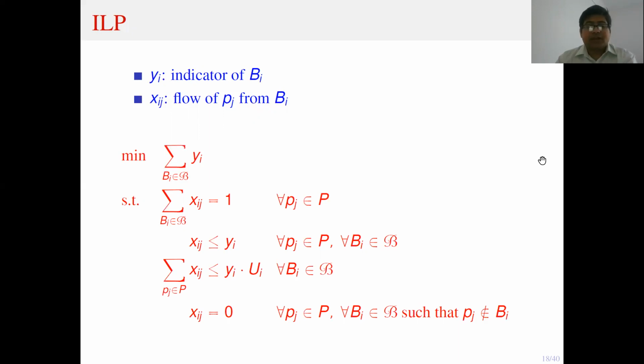And the fourth constraint says that if a point is not contained in a ball, then it cannot be assigned to that ball. We consider the LP relaxation of this ILP, and then we design a rounding algorithm to round the fractional solution to an integral solution by losing at most a constant factor in the cost.